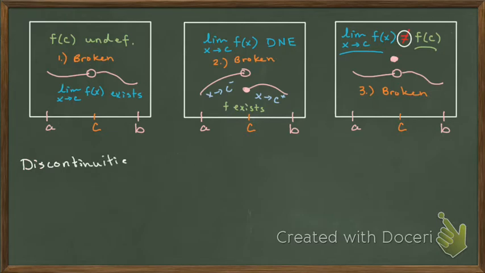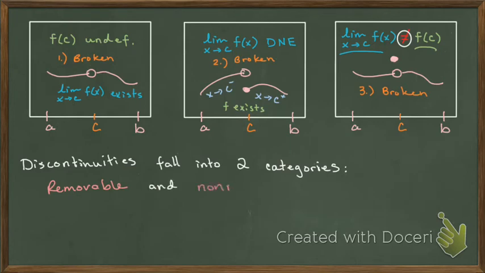So these discontinuities are actually going to fall into two separate categories, and those are removable and non-removable discontinuities. Okay? This one in the middle is what we would refer to as a non-removable discontinuity, right?